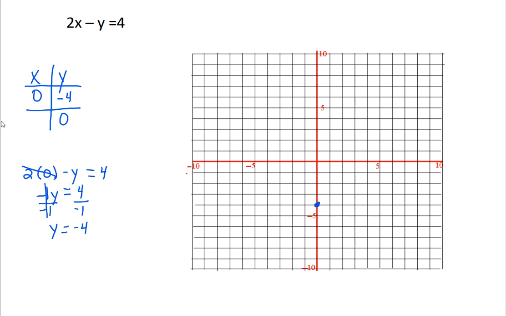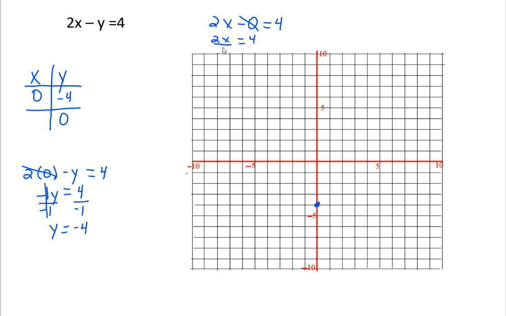And then for my x-intercept, I plug in 0 for y. So this time, that negative is going with the 0. So that just kind of goes away, which leaves me with 2x equals 4.